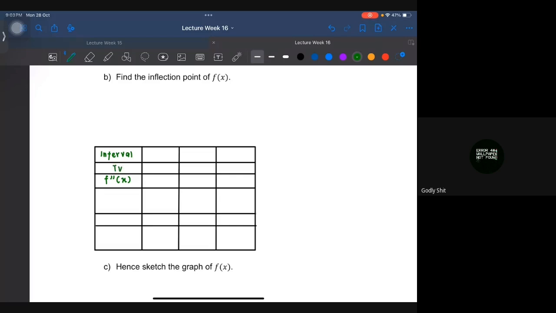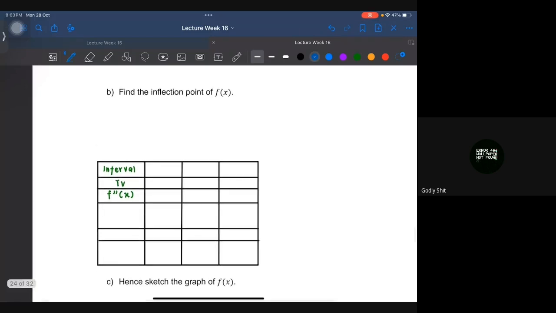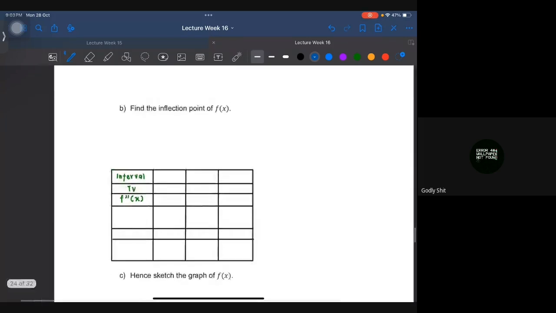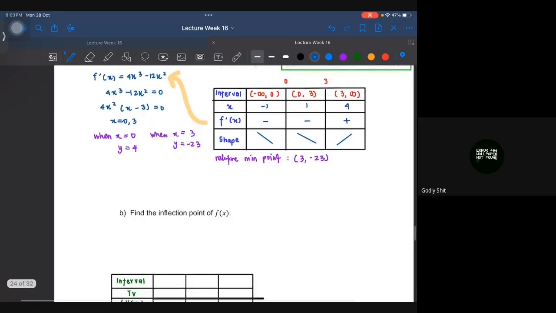Okay, so jom untuk cari inflection point, recall balik kita akan cari dia punya second derivative and kita buat dia equal to 0. Okay, so our first derivative tadi dekat atas tu, so sambung je cari second derivative. Right, so second derivative you are going to have 12x square minus 24x.